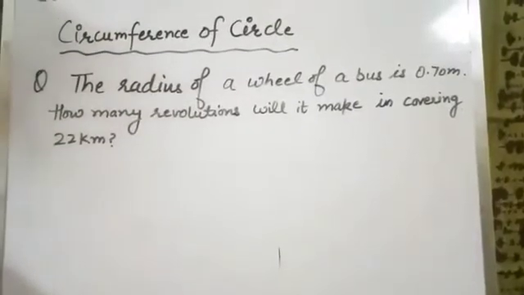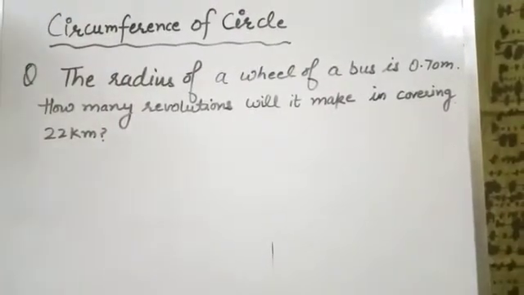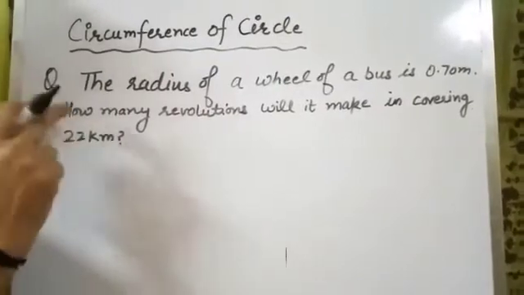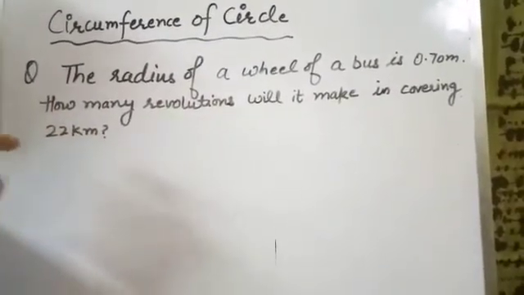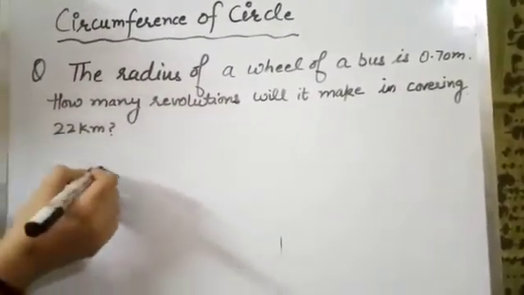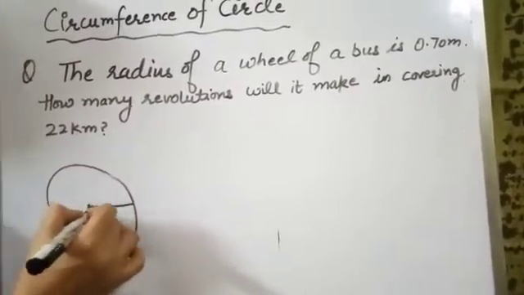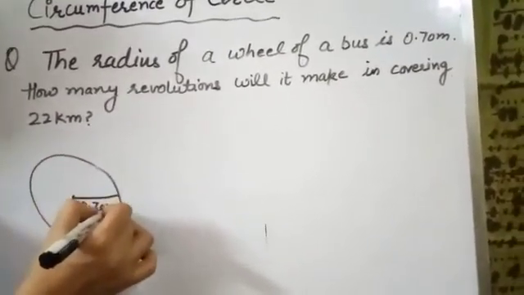Now the next question. The radius of a wheel of a bus is 0.70 meter. How many revolutions will it make in covering 22 kilometer? This is a wheel. The radius is given to us in meter, 0.70 meter.